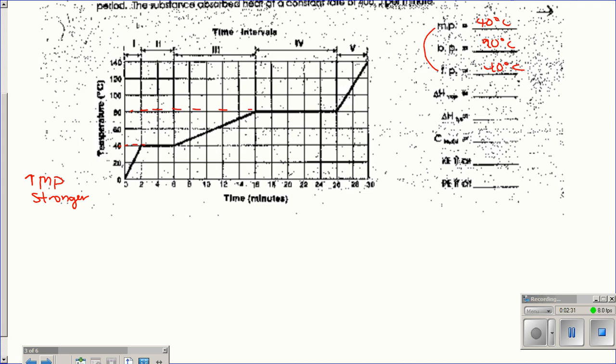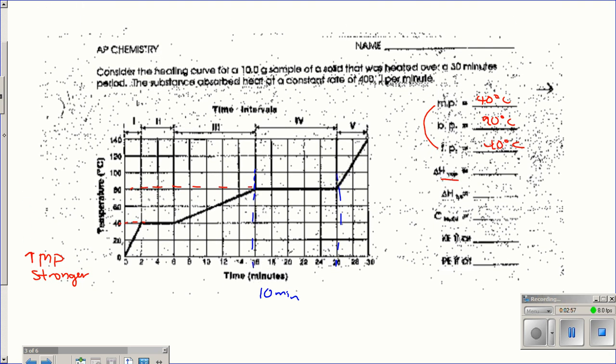Now this says, what is the enthalpy of vaporization? We can actually read this chart and get the numbers off of that. So this is where vaporization is occurring in this segment of the graph. The time in minutes is going from 16 minutes to 26 minutes. That's a change of 10 minutes. And if we read the very top of the paper, it says this sample is being heated at a rate of 400 joules per minute, and the sample is a 10-gram sample.